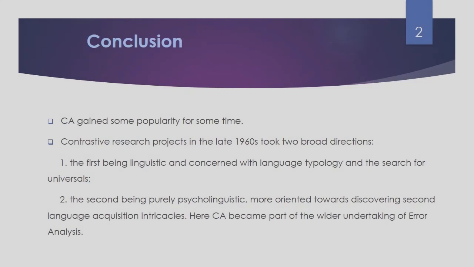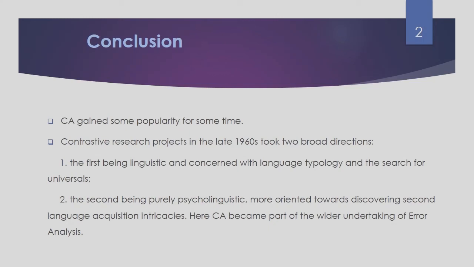In conclusion, we can say that contrastive analysis has gained some popularity for some time, and it has influenced teaching foreign languages and second languages. For example, the audiolingual method is an outcome of this approach. Contrastive research projects in the late 60s took two broad directions.